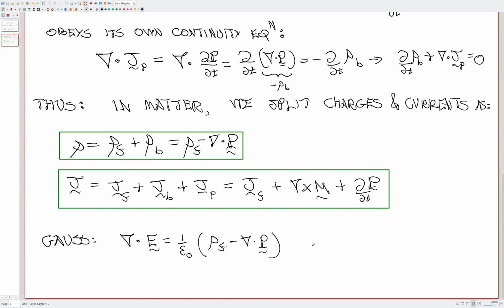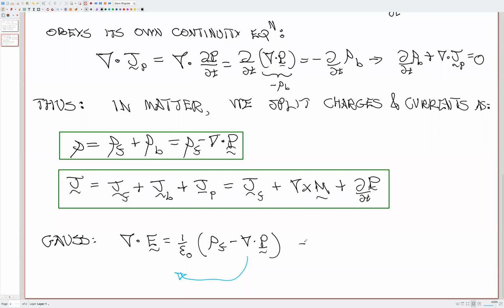Okay. So what am I going to do? Well, I'm going to take this one here and pull it to the other side, like this.